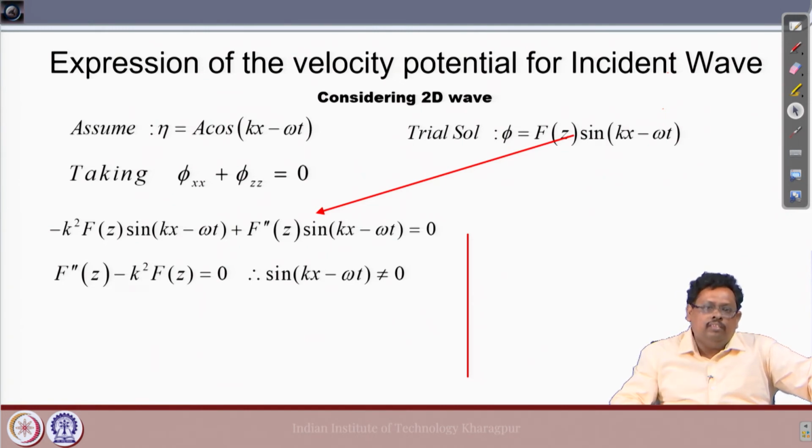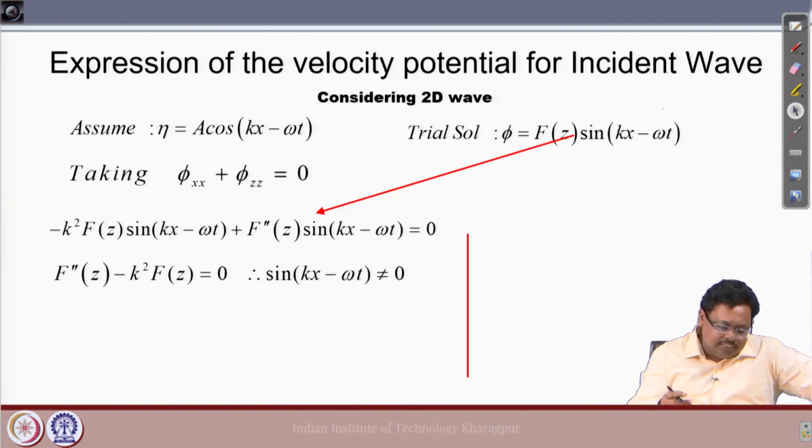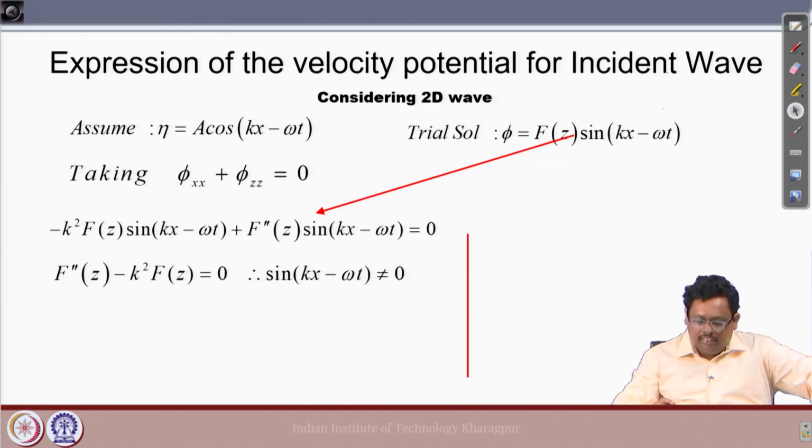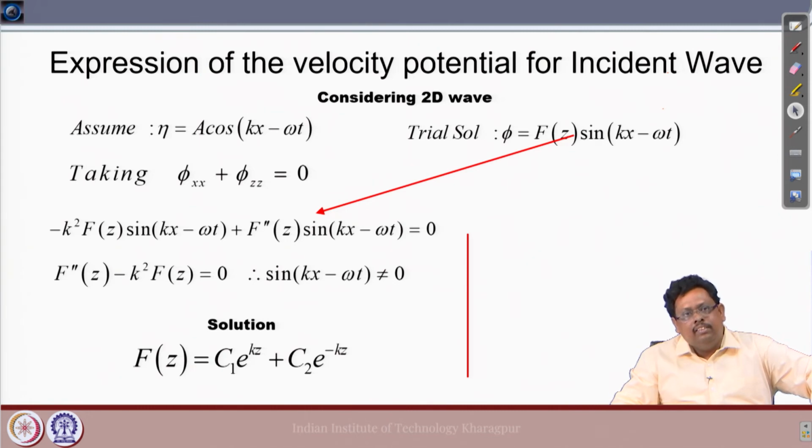Now, also we know the solution for this particular problem. There is a solution technique where you take f = e^(kz), substitute over here, and then we find the solution is very simple: f(z) = C1 e^(kz) + C2 e^(−kz), right.